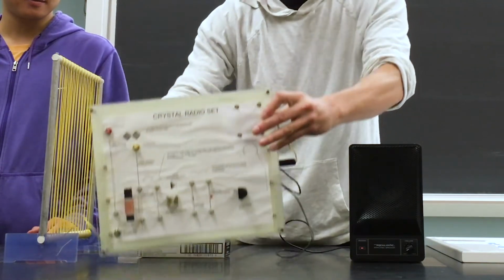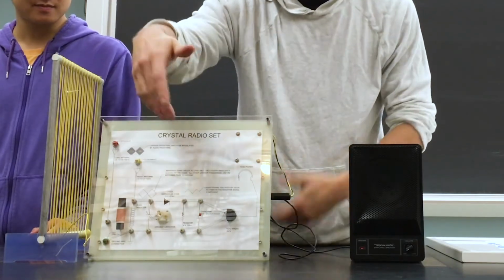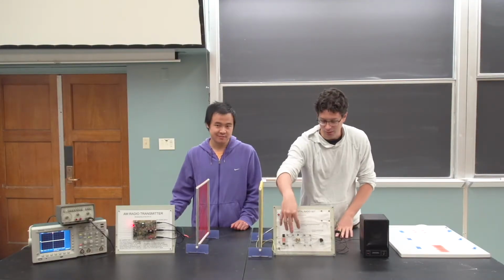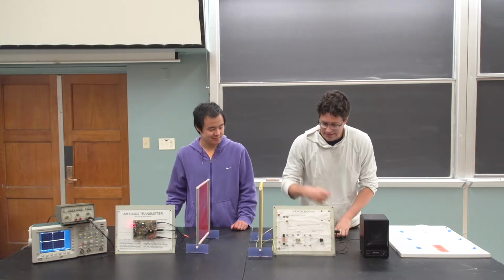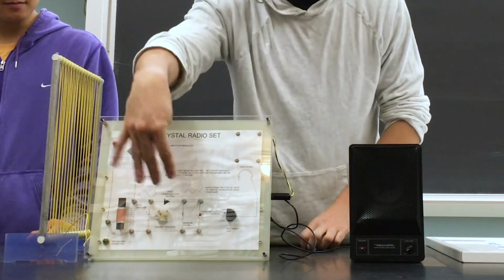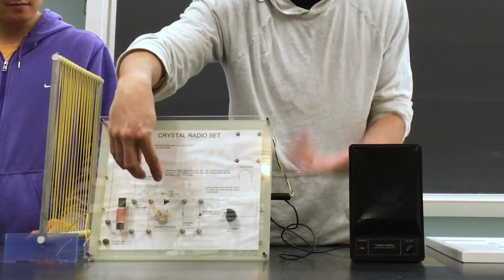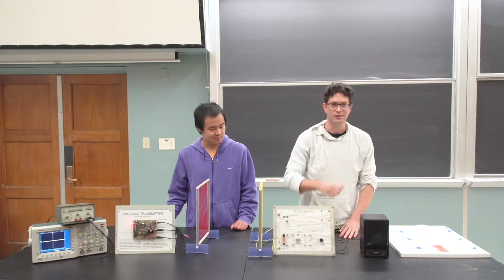So I can change the capacitor so that I'm getting different carrier waves. So I can tune to 800 kilohertz, which is what I have. Pretty neat. And I guess the carrier wave will be stuck in that resonant parallel system, but then the signal, the music, will escape. And then we can listen to it on the speaker.